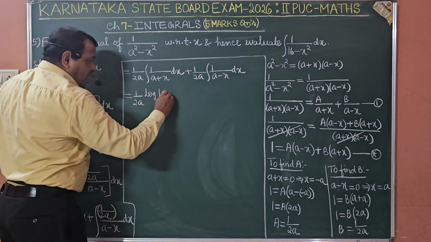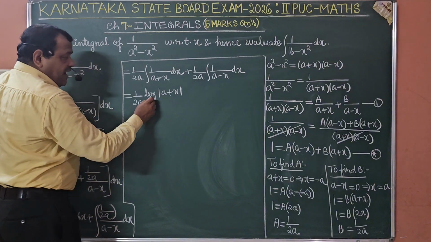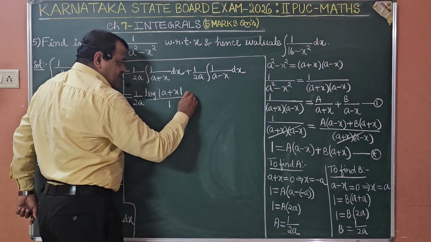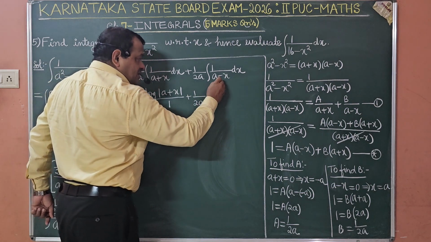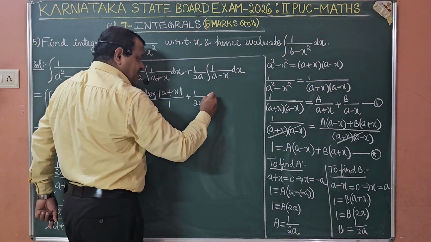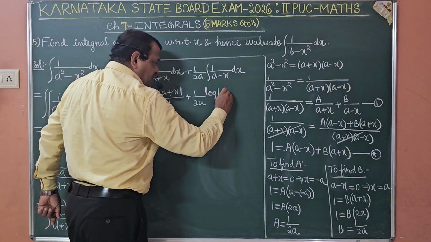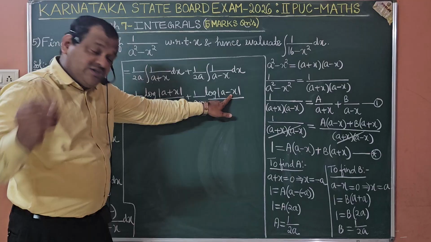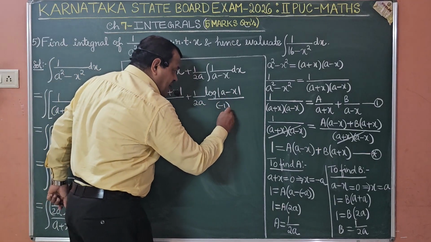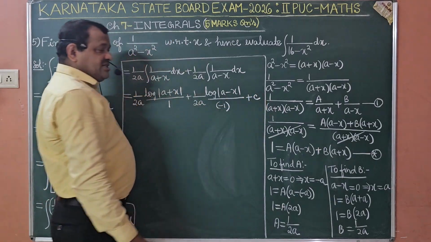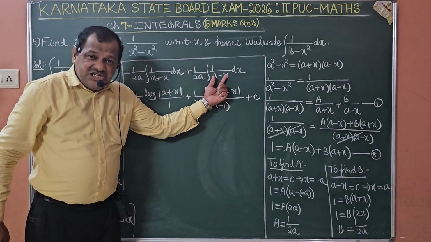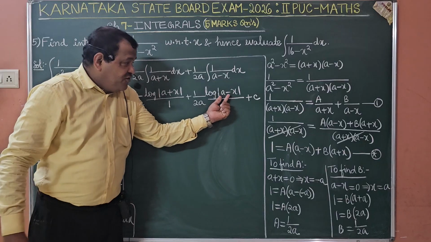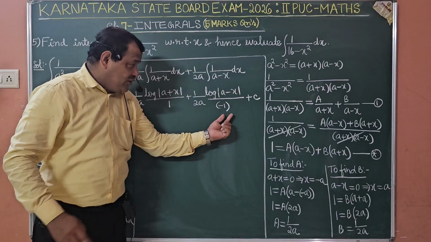Log of mod of a plus x divided by the differentiation of a plus x, which is 1, with respect to x. Plus 1 by 2a, the integration of 1 by a minus x dx is log of mod of a minus x divided by the differentiation of a minus x with respect to x, which is minus 1, plus the constant of integration c.